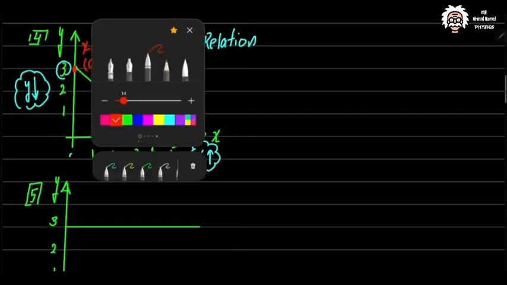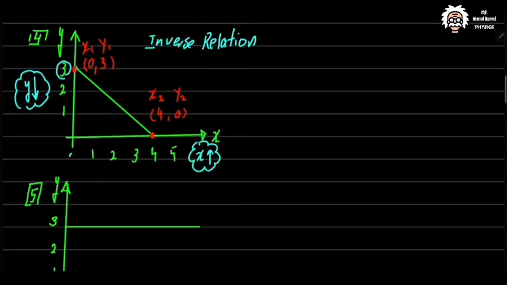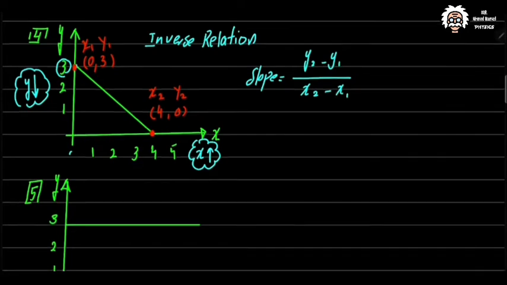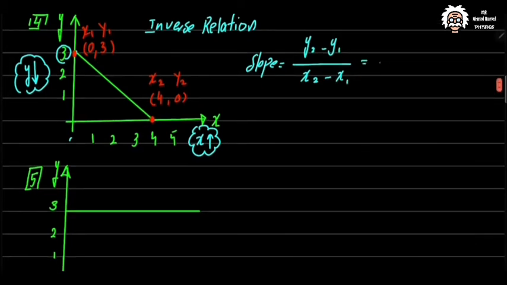Let's substitute in the equation of the slope. We'll say that the slope equals y2 minus y1 over x2 minus x1. y2 is 0 and y1 is 3, and then x2 is 4 and x1 is 0.